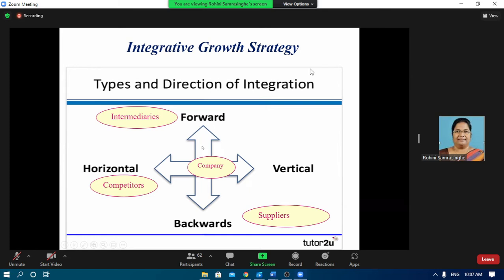They can sometimes acquire or make some connections or agreements to conduct their businesses with different intermediaries, right? So here different intermediaries, that is forward integration, right? Here you can see the different wholesalers, retailers; they sometimes try to acquire them. Then sometimes they may have some agreements.